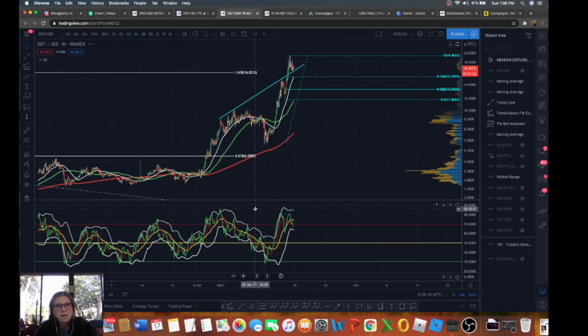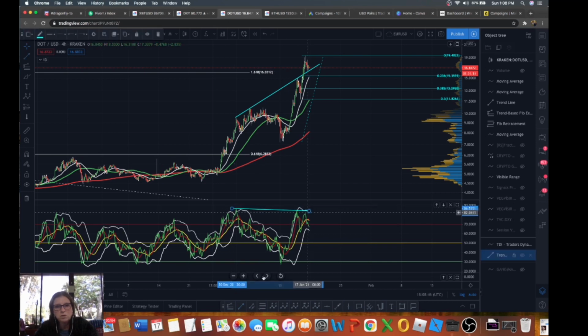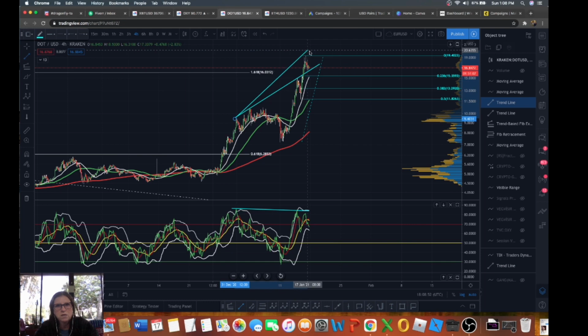Looking at the indicator, on the 4-hour, we do have bearish divergence. As you can see, we made a higher high there.